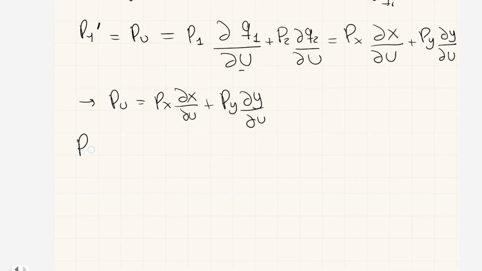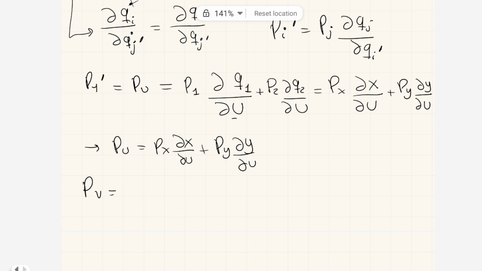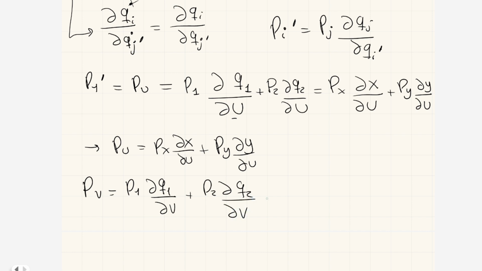Let's find pv. Following this formula, that is going to be p1, the derivative of q1 with respect to v, plus p2, the derivative of q2 with respect to v. That is going to be, of course, px, the derivative of x with respect to v, plus p2, which is py, the derivative of y with respect to v.